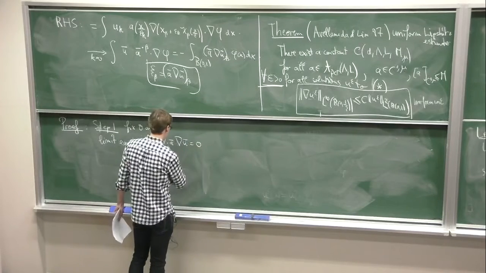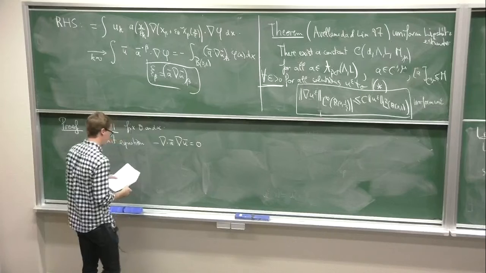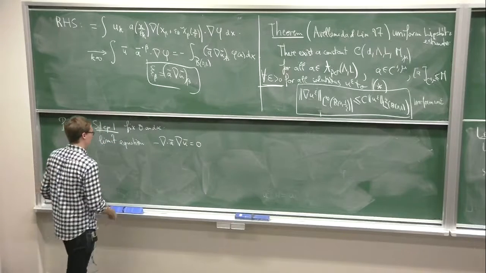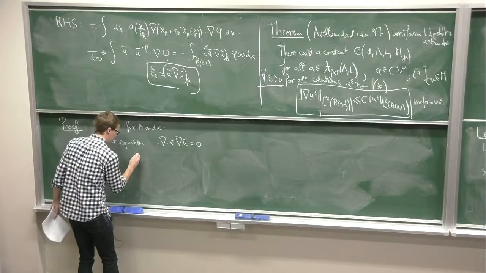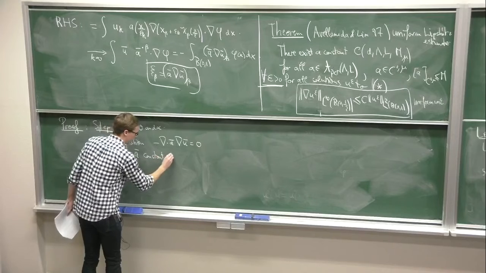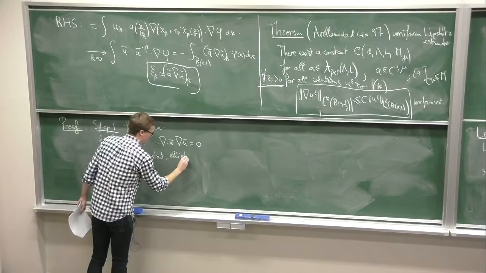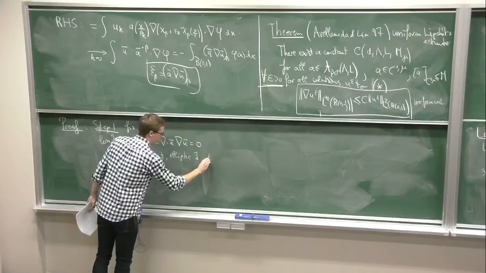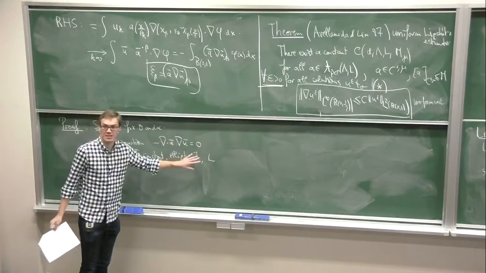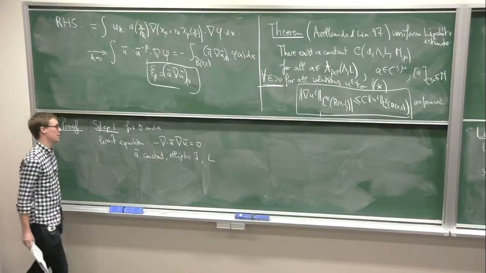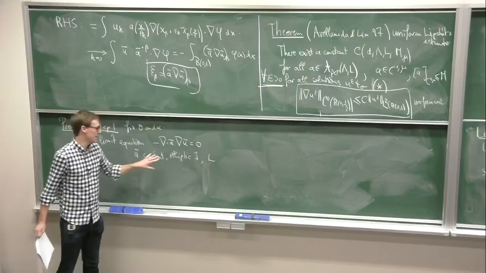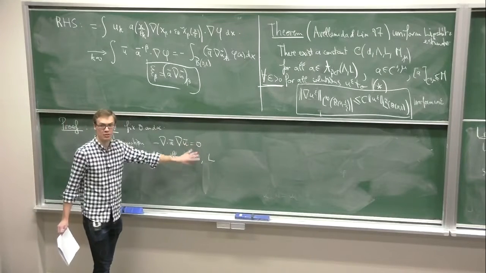And A bar is constant, elliptic, and bounded by L. So I will have some matrix in this class of constant functions with ellipticity constant lambda and L. It's important that my constant will be uniform in this class.